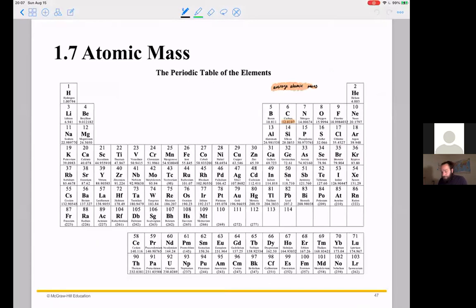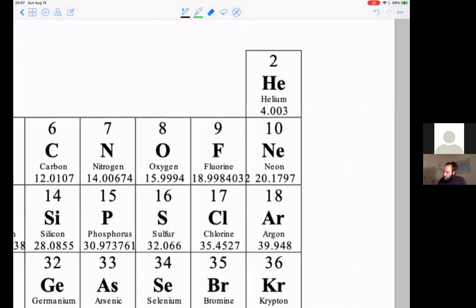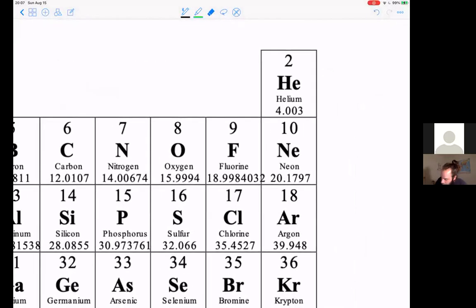So first of all, we've got to be able to find neon. So everybody take a second, see if you can. Okay, neon is actually one of our noble gases up here. The average atomic mass for neon is 20.1797. So does neon contain more neon 20 or more neon 22?